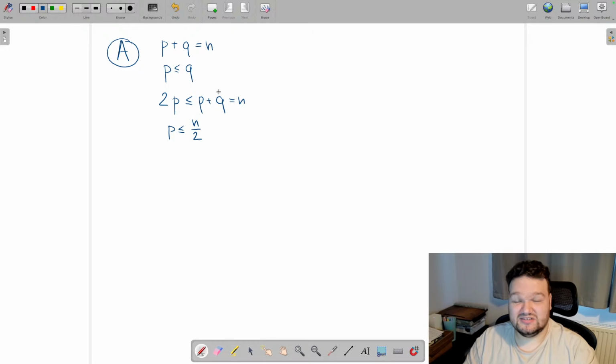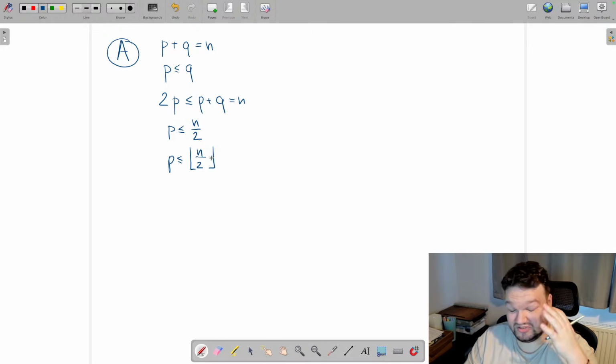And since it must be an integer, it must be at most n over 2 rounded down, and n over 2 rounded down is actually a valid answer, because we can take q equal to n minus n over 2 rounded down, which will be n over 2 rounded up, and all the conditions are satisfied, so you just need to print n over 2 rounded down.